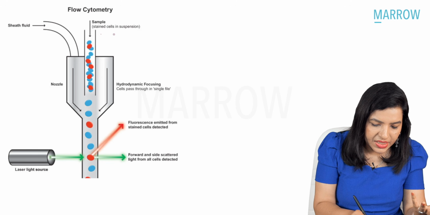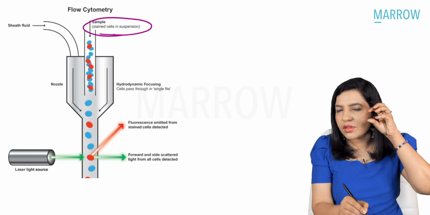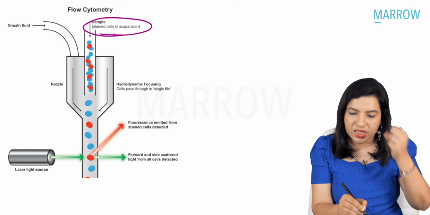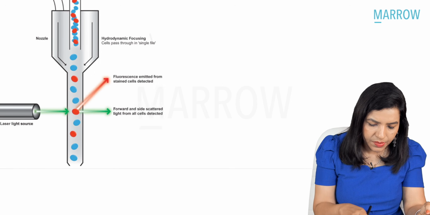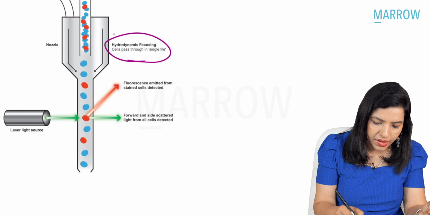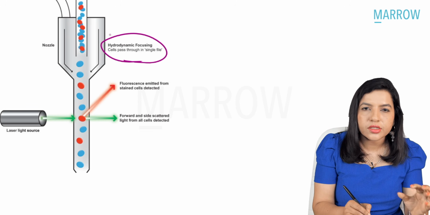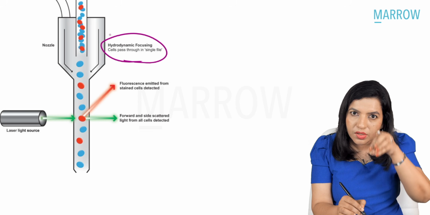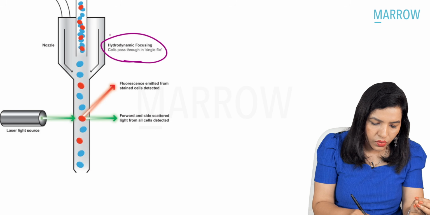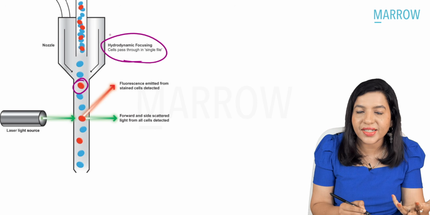Then we stain the cells in suspension, the cells that we want to study, and it is passed through a fine channel like this. Here we can see many cells, but when they come here, the cells pass one by one. The red color is a stained cell, the cell that we are studying.